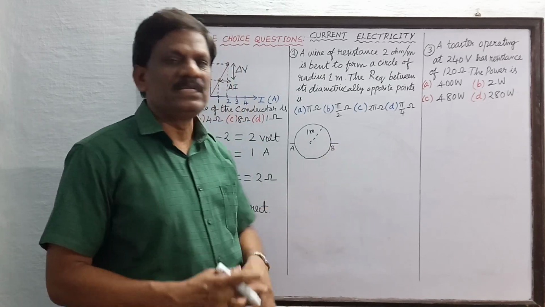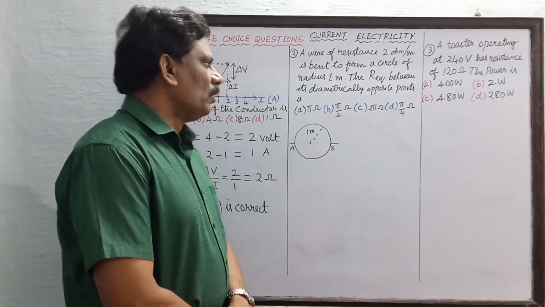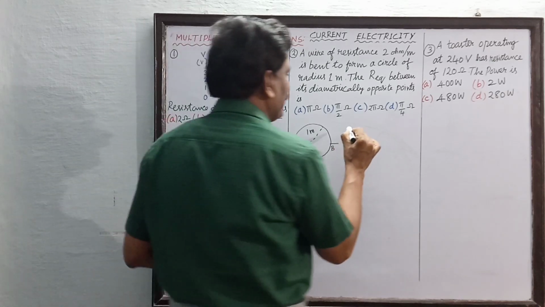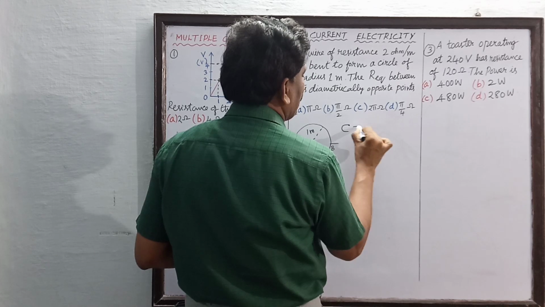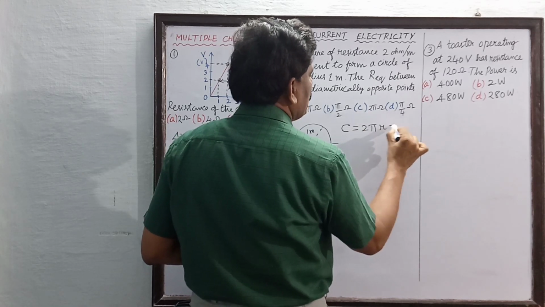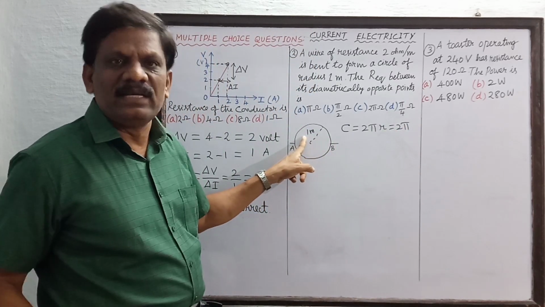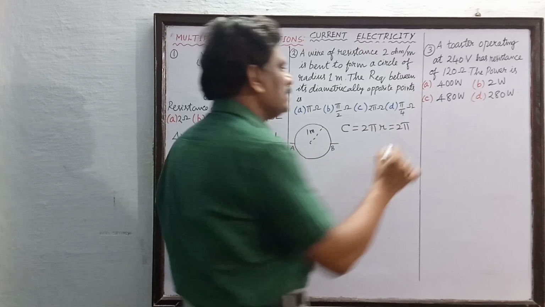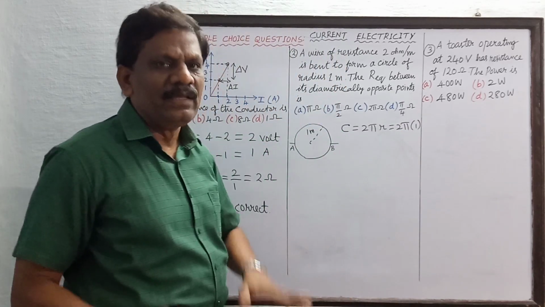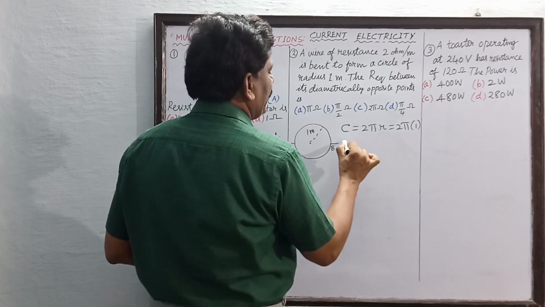This type of question is commonly asked in NEET and JEE. Okay students, now we will find the circumference of the circle. The circumference is equal to 2 pi R. Because the radius is equal to 1 meter, this is 2 pi into 1, so 2 pi meter. What is the resistance of the entire circle?